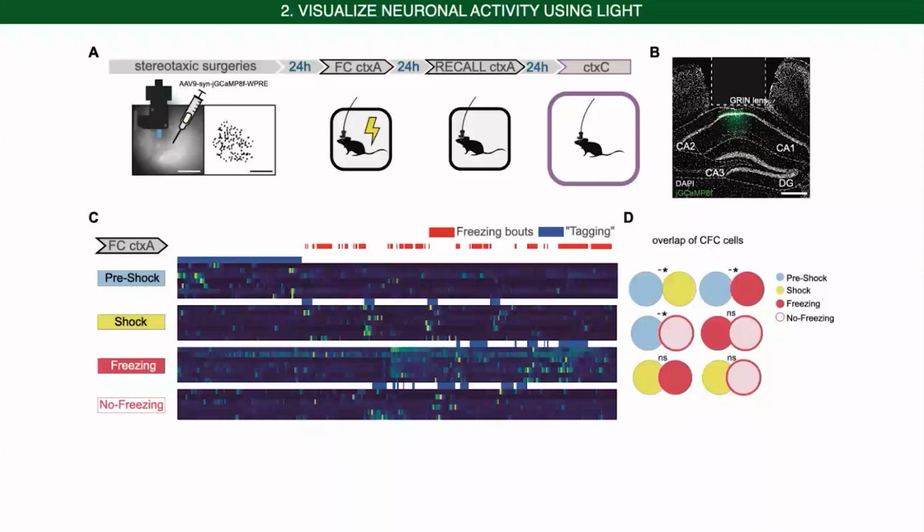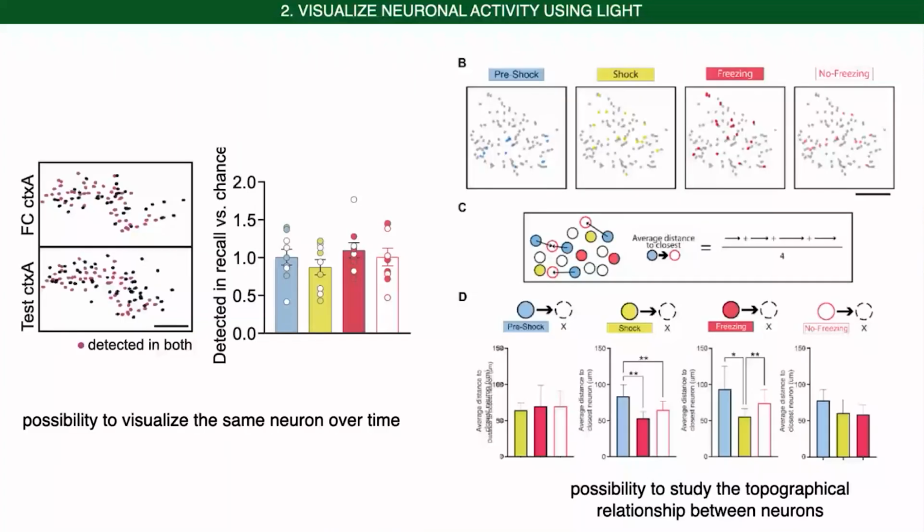So, for example, cells that are more active during the shock delivery, cells that are more active before the shock delivery, when the animal is in freezing behavior, when the animal is not in freezing behavior. And then we can track those cells at different time points, and we can see how those different cells are responding to a memory.